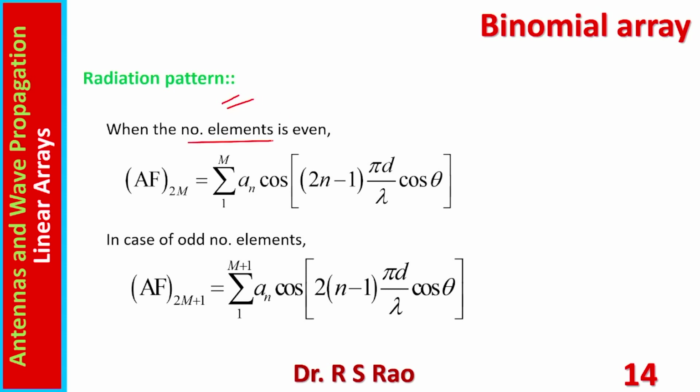The radiation pattern of a binomial array is given here. When the number of elements is even, 2m, the array factor is sigma n from 1 to m of an cos of (2n minus 1) pi d over lambda cos theta. In the case of an odd number of elements, 2m plus 1, the array factor is sigma n from 1 to m plus 1 of an cos of (2n minus 1) pi d by lambda cos theta.